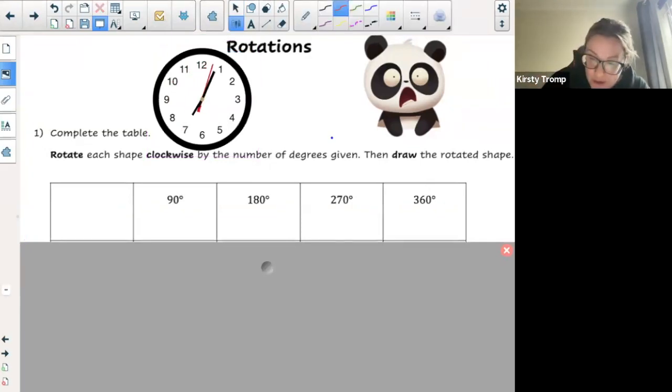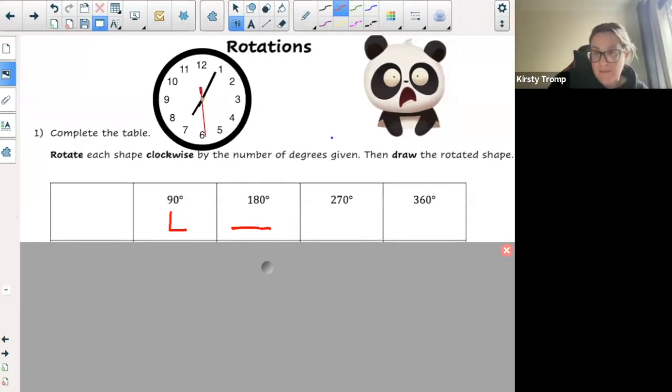So if we're drawing 90 degrees, then 90 degrees normally looks like that, all right? If something is 180 degrees, then it is going to look like that.